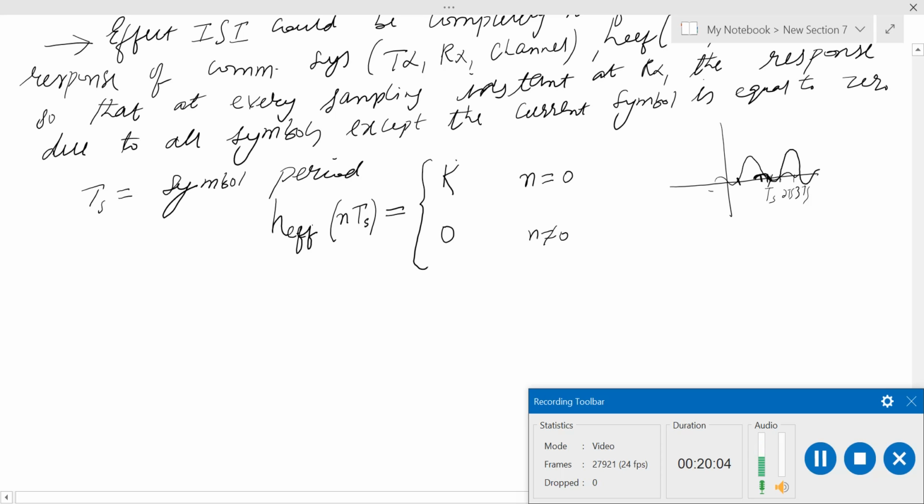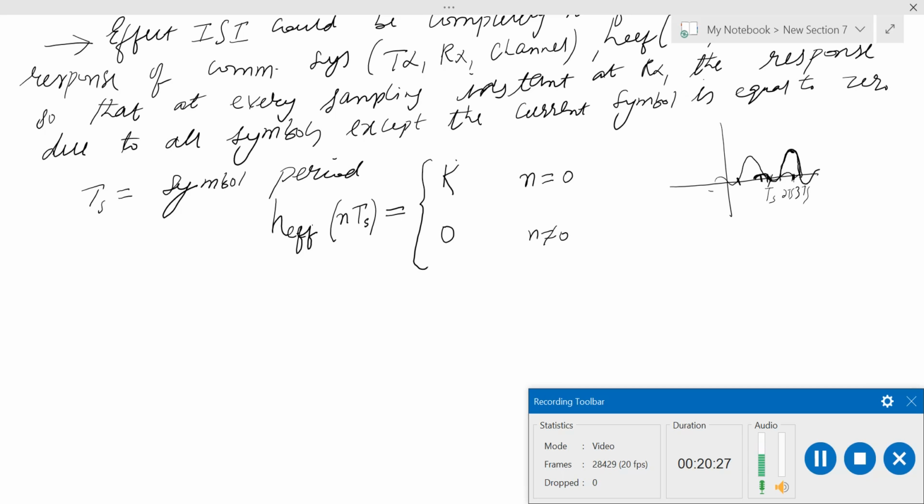That is important. Now if you see here, suppose it is here at 3TS, so this is the turn of this pulse. Okay, so the contribution of the first pulse here is 0, but the second pulse is there. Okay, it will become more clear as we do some examples.